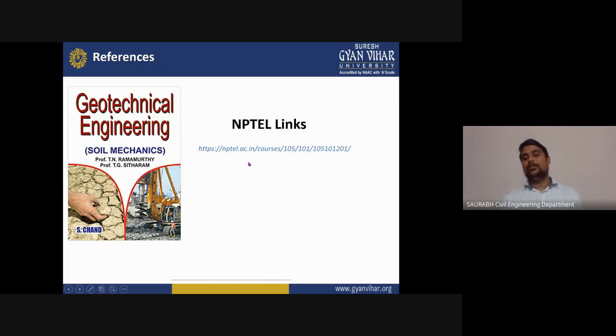Today we saw how to do compaction and what the methods of doing compaction are. Like we saw the standard Proctor test, we also saw the modified Proctor test, and these tests are very important in geotechnical engineering. You can even perform these tests in your lab. In our lab, the standard Proctor test and modified Proctor test are available.